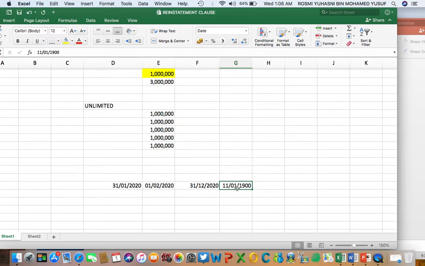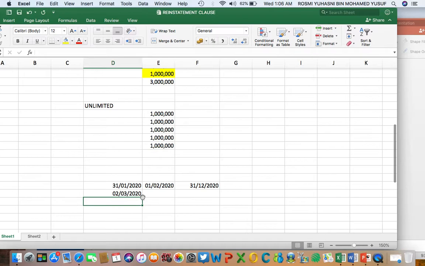Never mind the cell formatting. So we know that from the 1st of February up to 31st of December, the total unexpired period is 11 months. But let's say the claim occurred on the 2nd of March 2020.